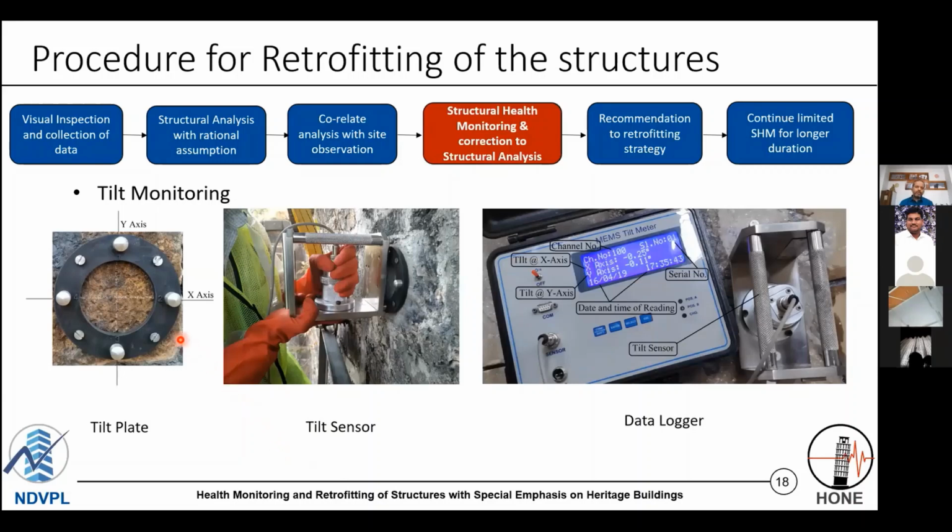Here I am showing you a tilt plate. Typically on site we check tilt using a plumb, but a plumb gives just a fair idea whether the tilt is there or not. I don't know what least count we can consider for a plumb ball, maybe a few degrees. But if we check using this tilt plate, the least count is 0.01 degree.